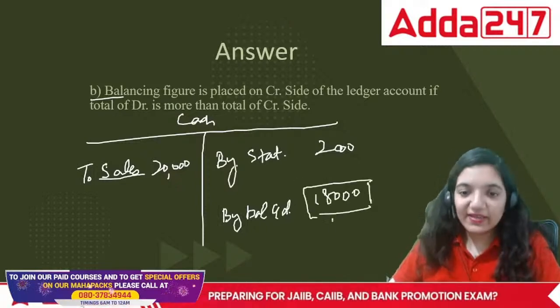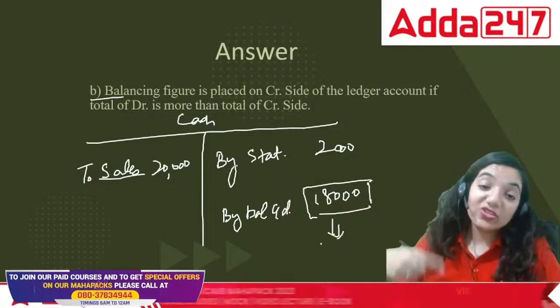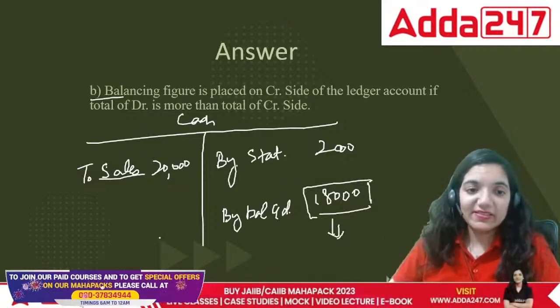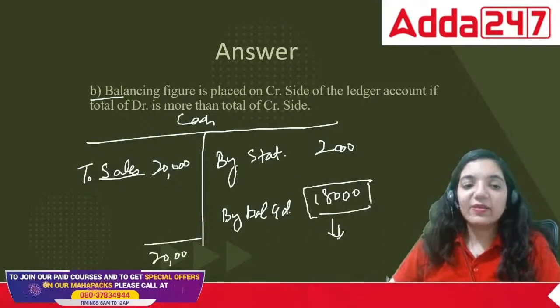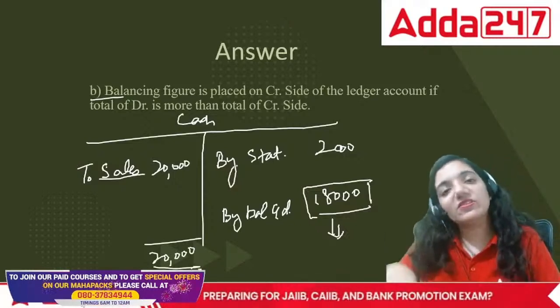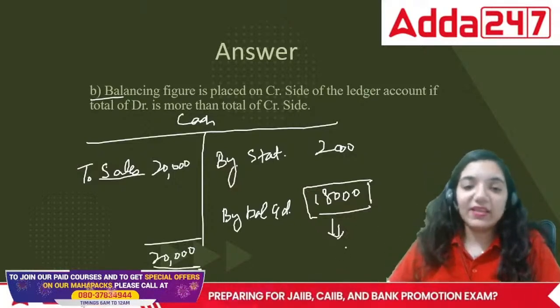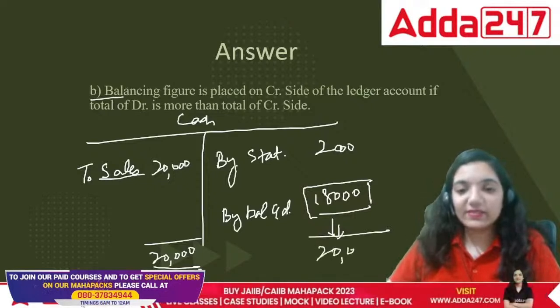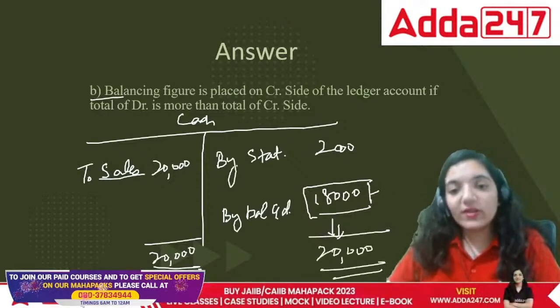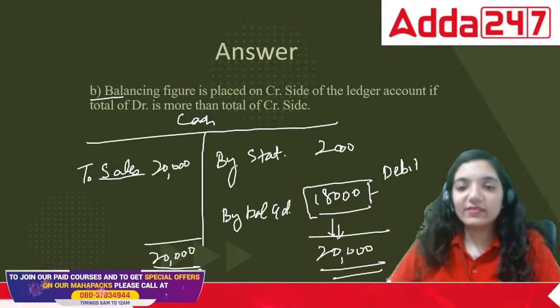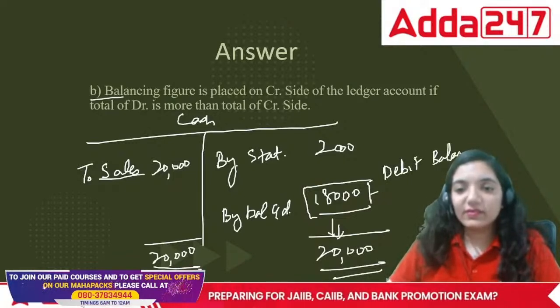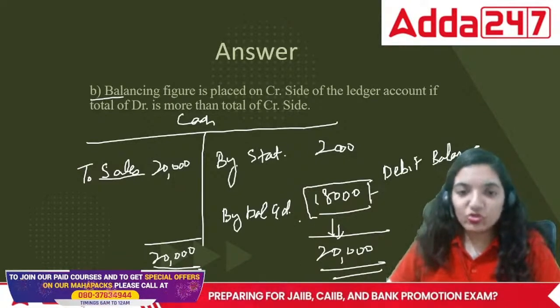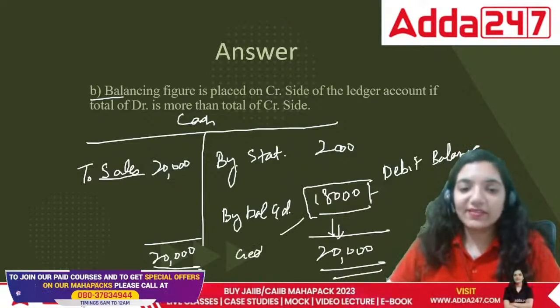Now this carried down is called a debit balance because ultimately we have 20,000, we just spent 2,000 and the remaining is still with us. This is called a debit balance but shown on the credit side.